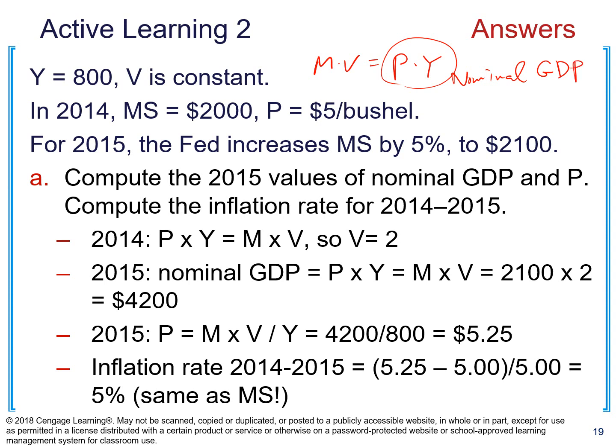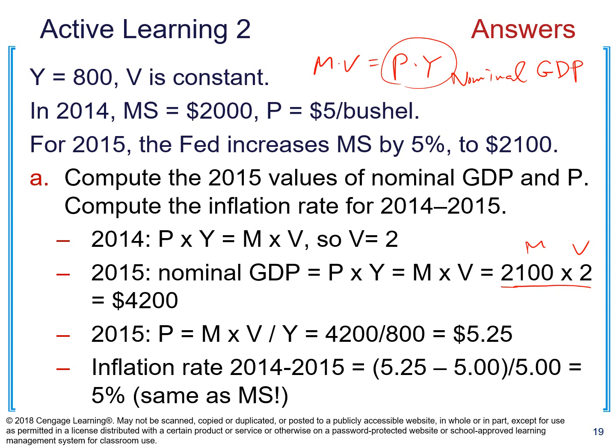Well, in 2014, P times Y equals MV, right? PY equals MV. So V is constant, 2. And then using that number, we can say 2015 nominal GDP is 2,100 times 2. So this MV is 4,200.